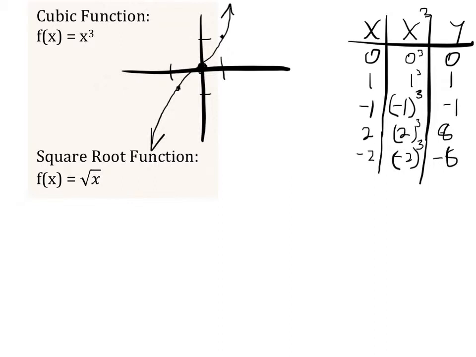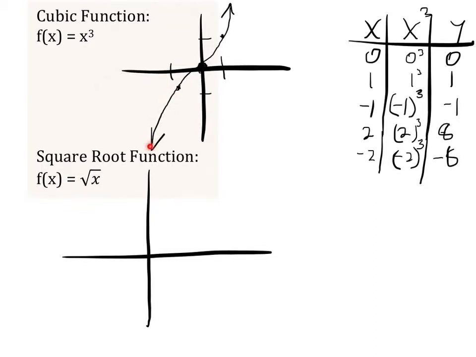Alright. Our square root function, however, is somewhat different. See here in the cubic function, we have nothing stopping us from putting in any x value. I could plug in any x here and I would get out any y. So my domain for a cubic function, and all the functions I've done so far, has been all real. But our square root function is the first one that changes that fact.